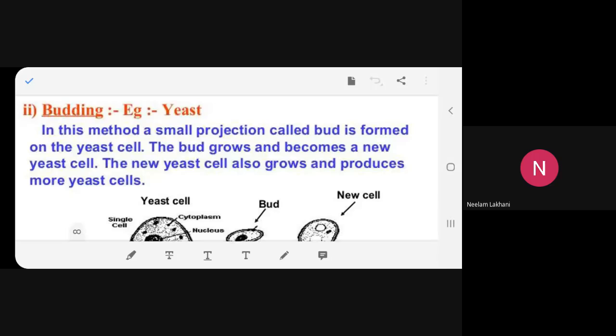In this method, a small projection called bud is formed on the yeast cell. The bud grows and becomes a new yeast cell. The new yeast cell also grows and produces more yeast cells.